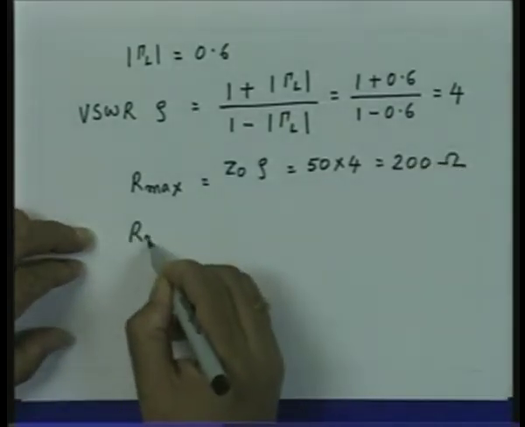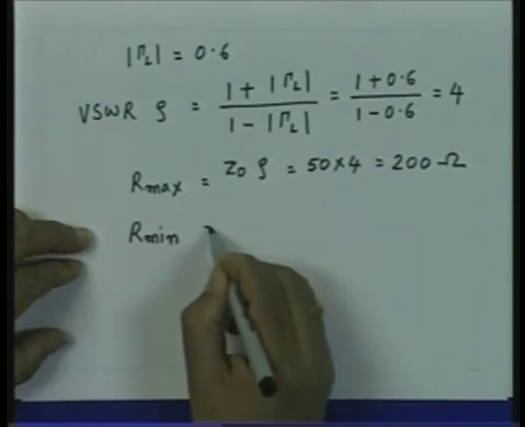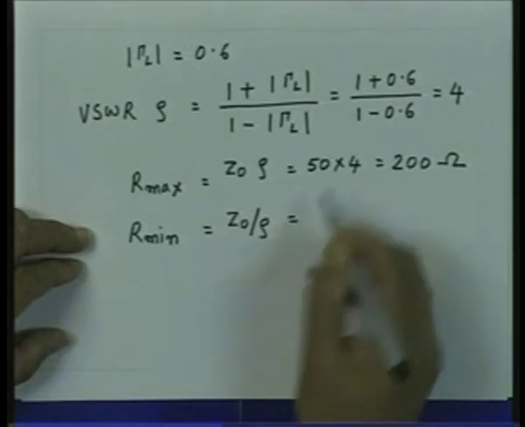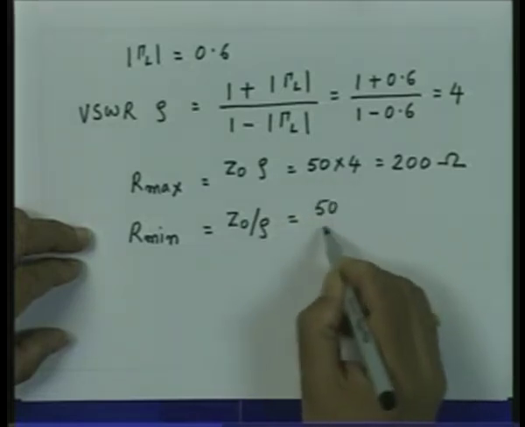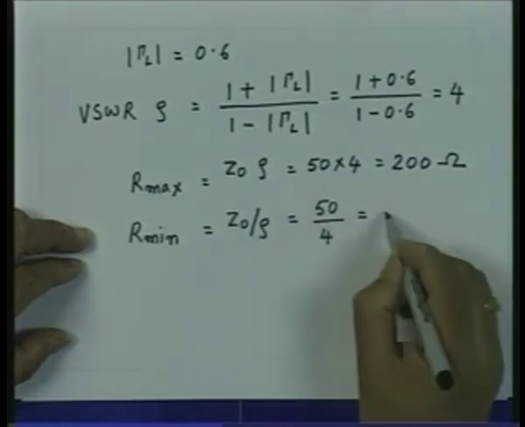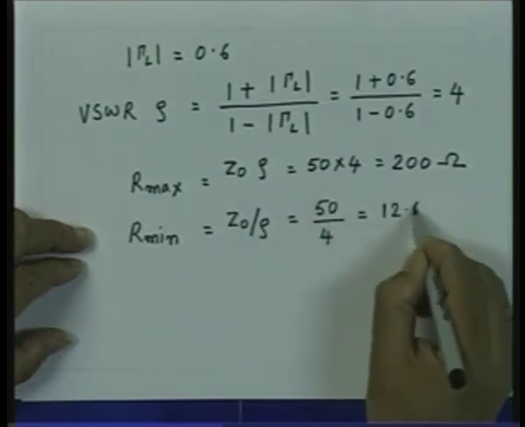And R min, minimum resistance which we will see on the line, is Z0 divided by rho, that is equal to 50 divided by 4, that is 12.5 ohms.